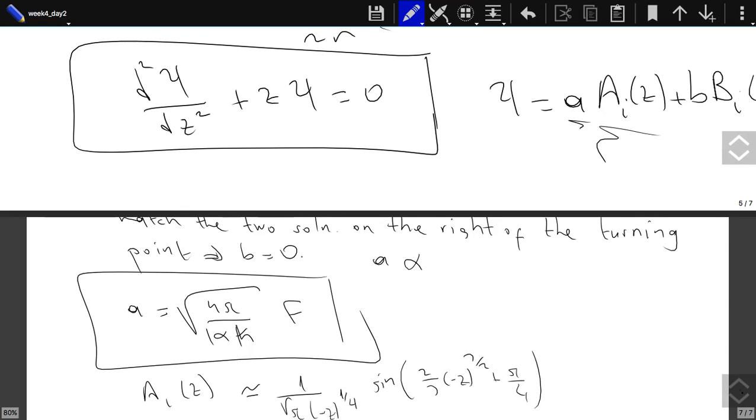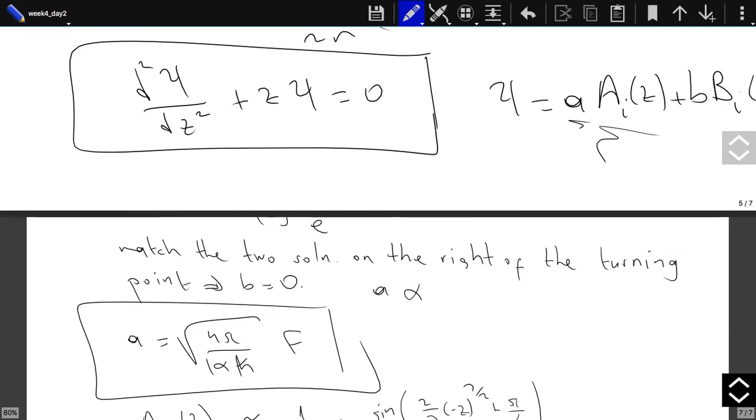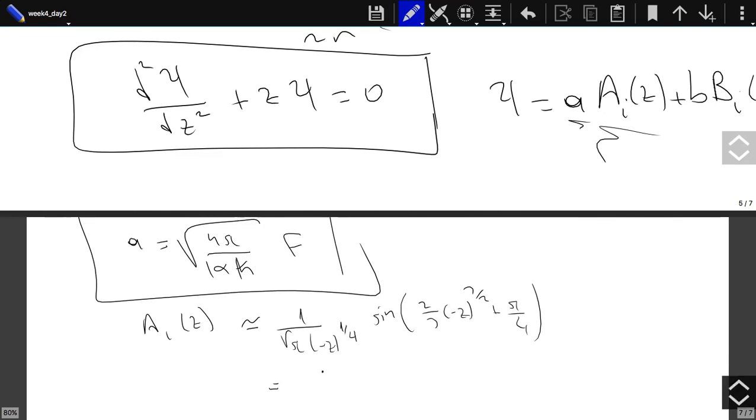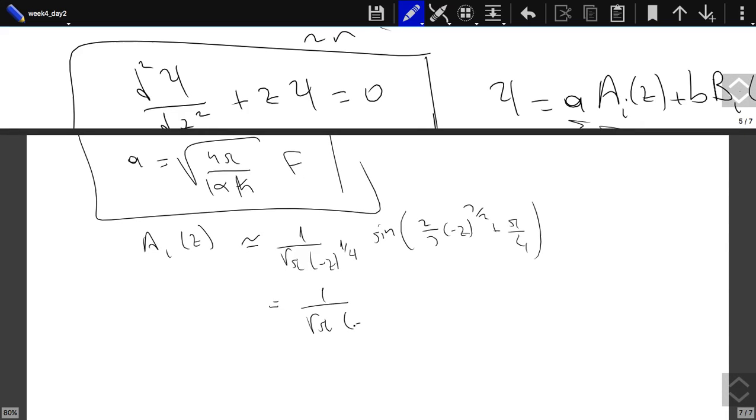We can even write it in terms of exponents: 1 over square root of pi, minus z to the power 1 over 4, 1 over 2i, e to the power i, 2/3 minus z to the 3/2 plus pi over 4, plus e to the power minus i times 2/3 minus z to the 3/2 plus pi over 4.